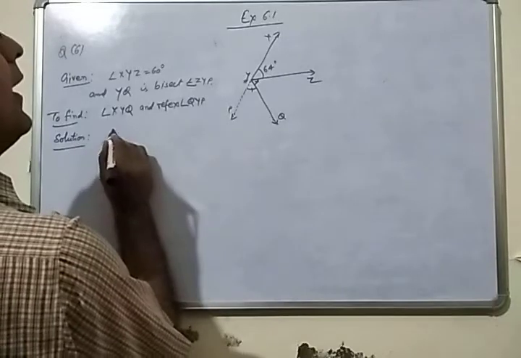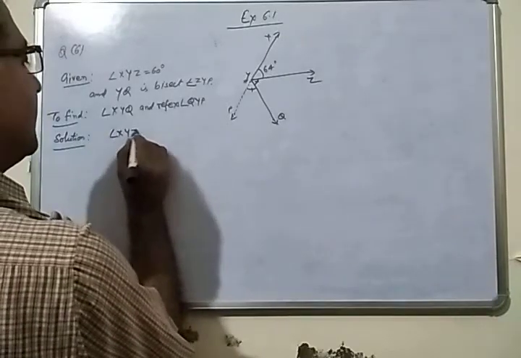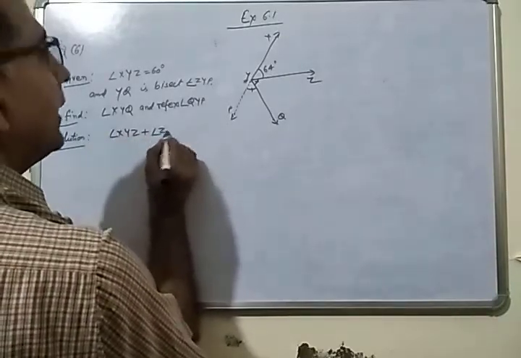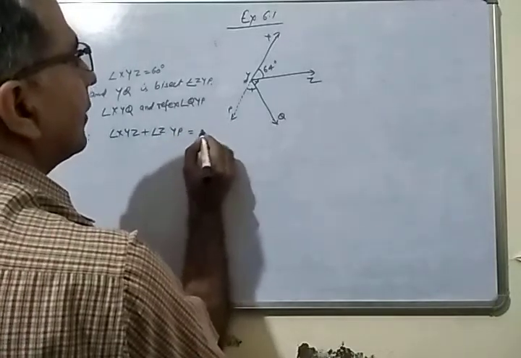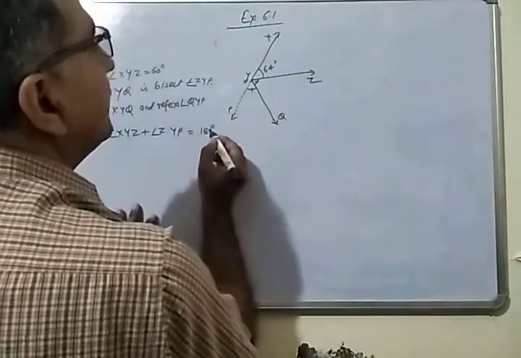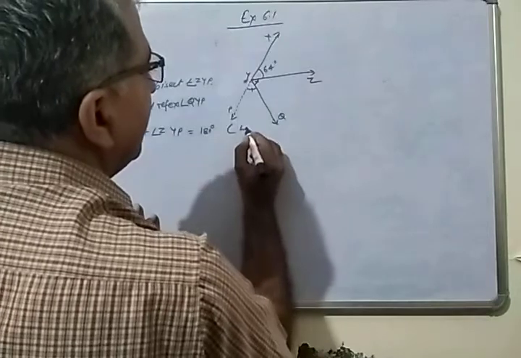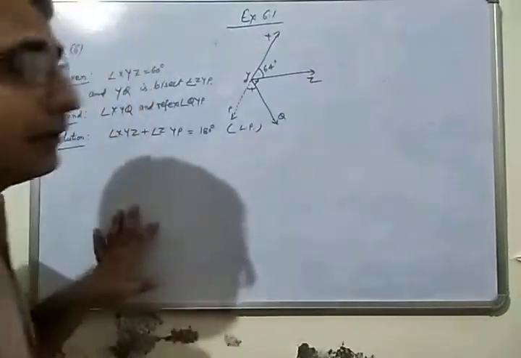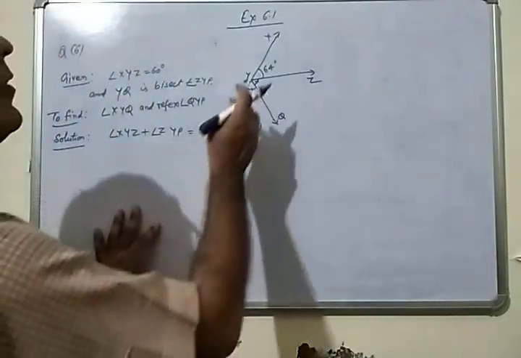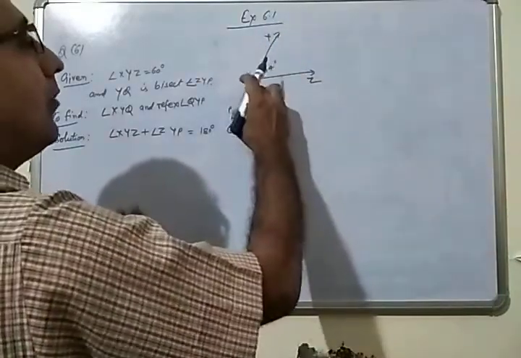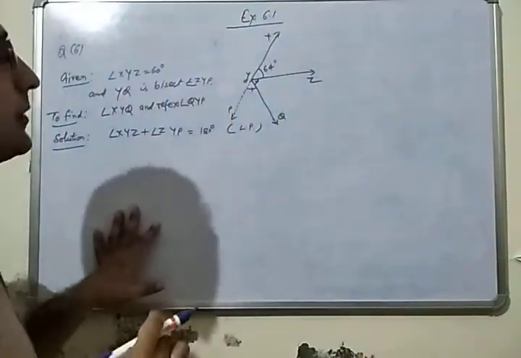Since angle XYZ plus angle ZYP equals 180 degrees, this makes a linear pair, because XY and YP are opposite rays.